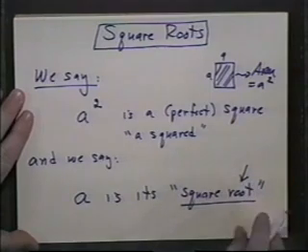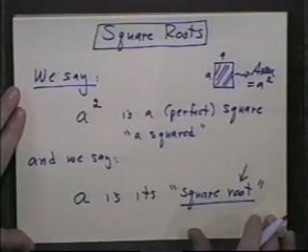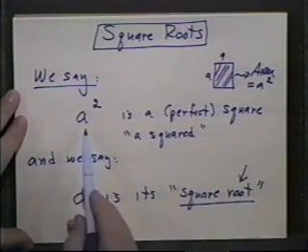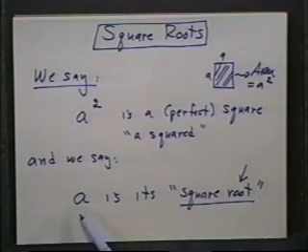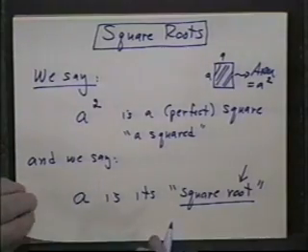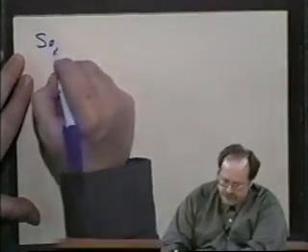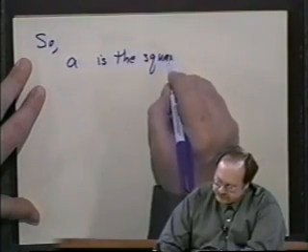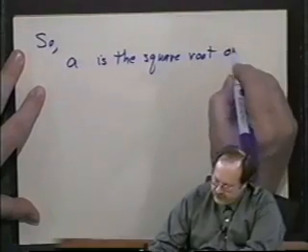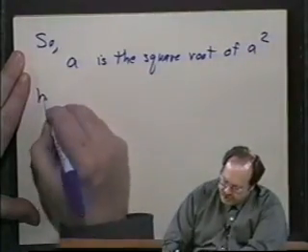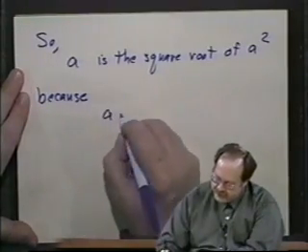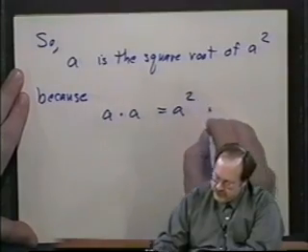Now, the use of the word root is an older piece of terminology that has lingered on. It is simply the base, if you like, or the number that is squared in this case. So that's where square root comes from. So let me say it another way. a is the square root of a squared because, I'm repeating myself, but I want to get this clear, a times a equals a squared.